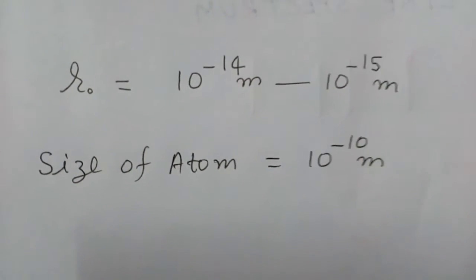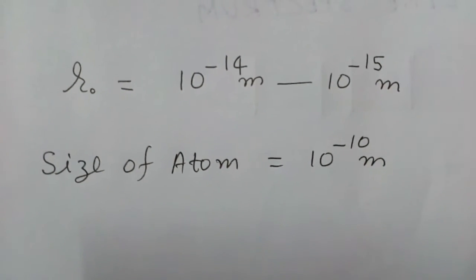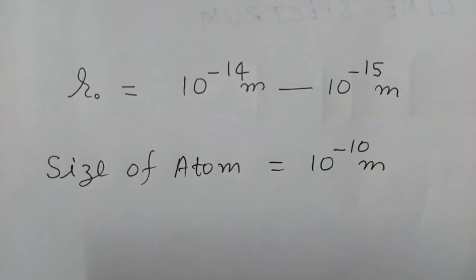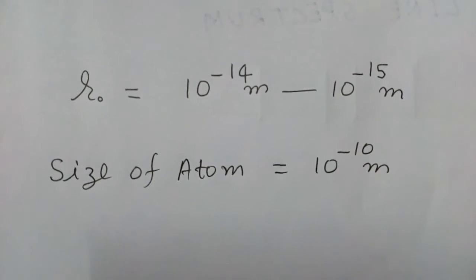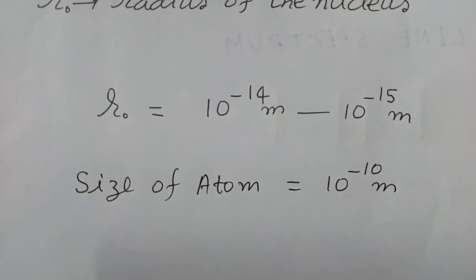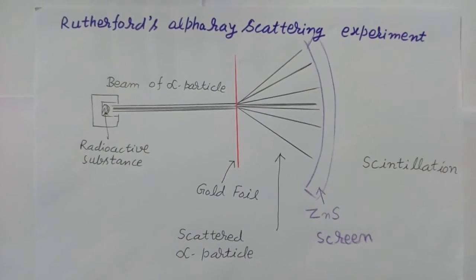So the radius of the atom is 10,000 times more as compared to the radius of the nucleus. Thanks. Have a nice day.